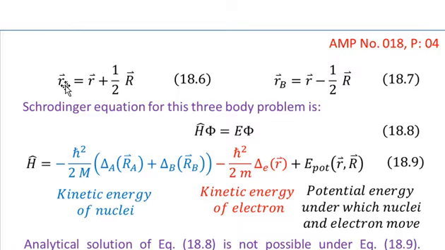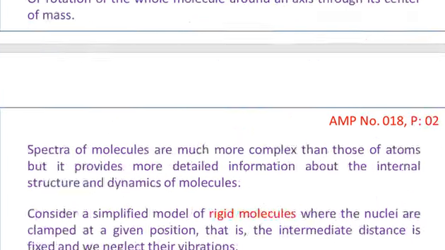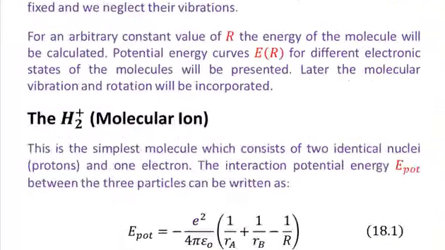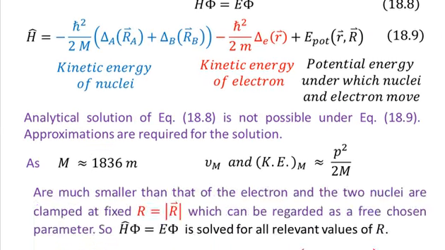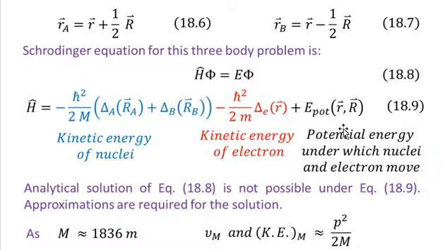So inserting the values of Ra and Rb from equations 18.6 and 18.7 into equation 18.1, you will have the potential energy as a function of small r and capital R. This is the potential energy under which the nuclei and the electron move.